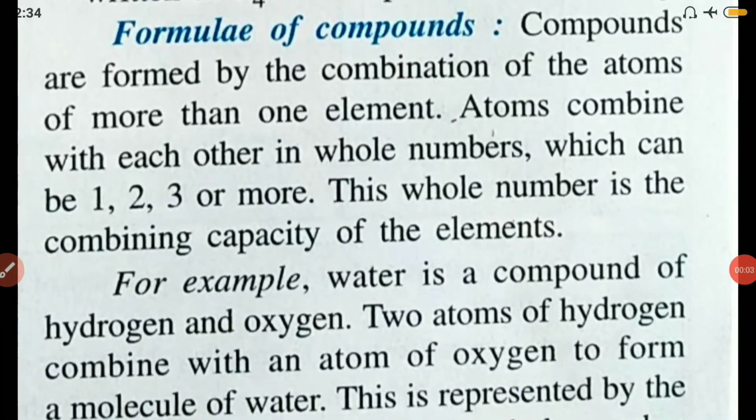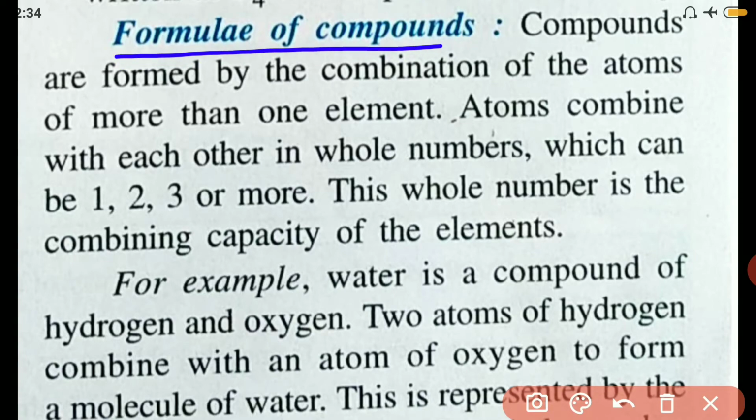of compounds. As you all know, there are two kinds of molecules. One, molecule of an element. Number 2, molecule of a compound. Now, how to write the formula of a compound? Compounds are formed by the combination of the atoms of more than one element.